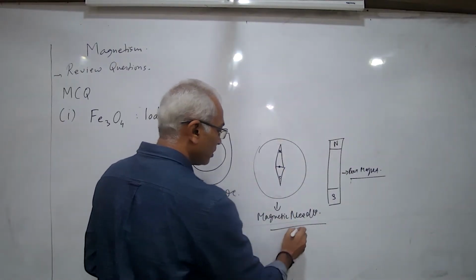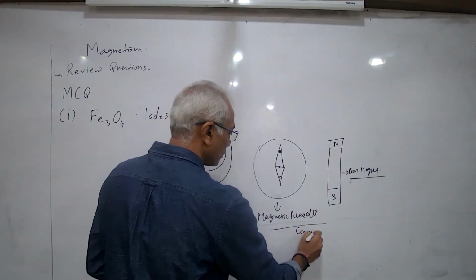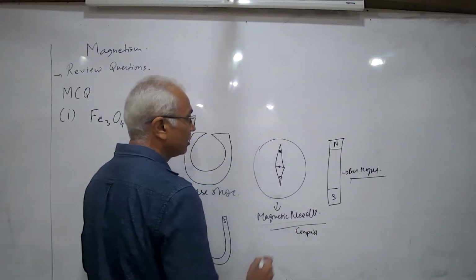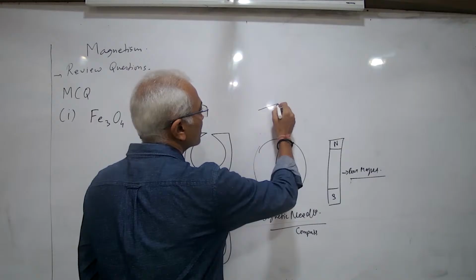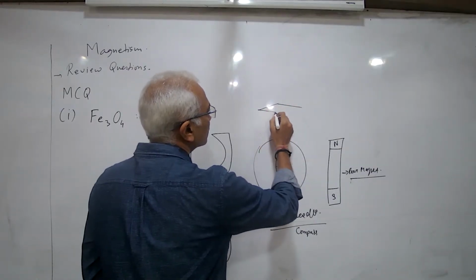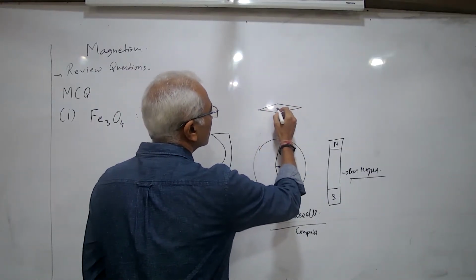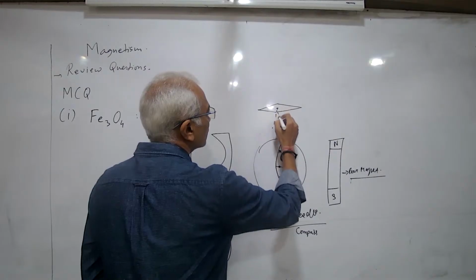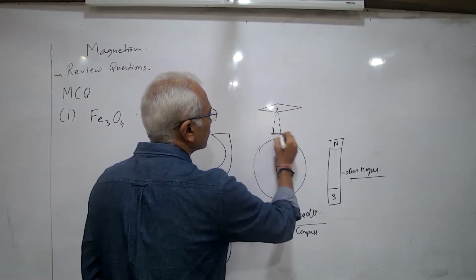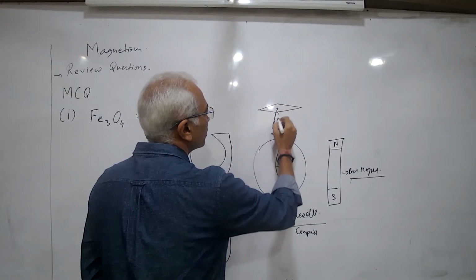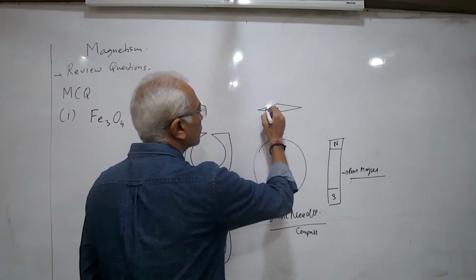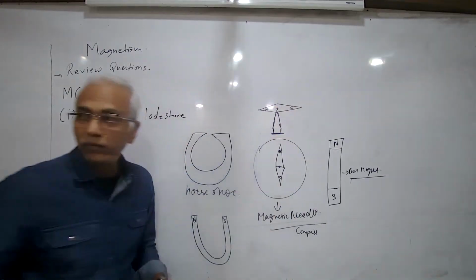So this is the magnetic compass. What is a magnetic needle? A magnetic needle is the same thing, but not enclosed. It is pivoted but open. There's a stick that's holding it.